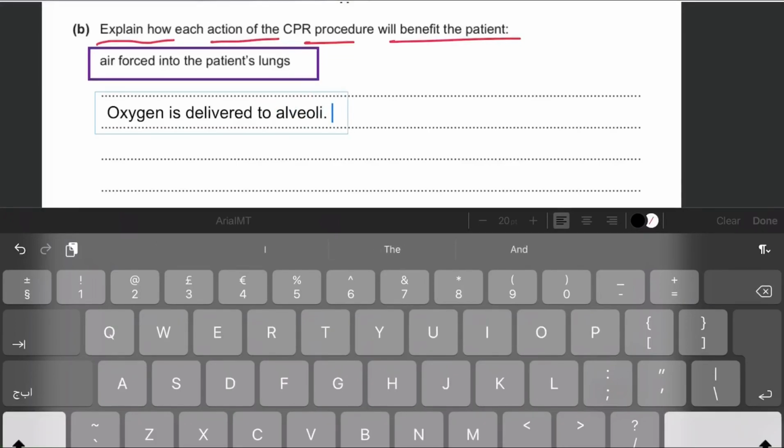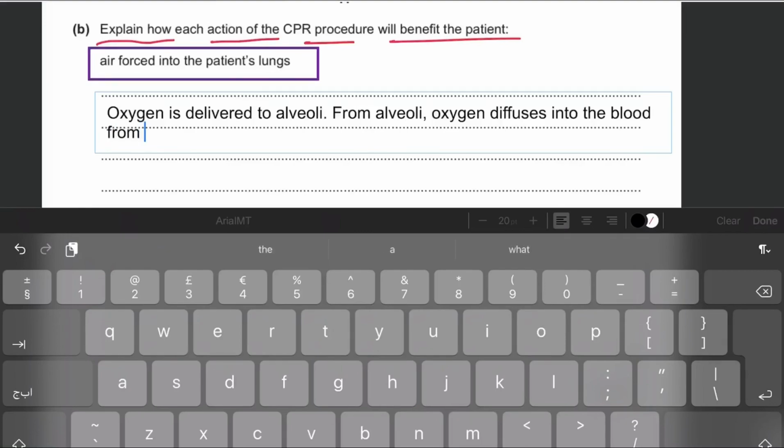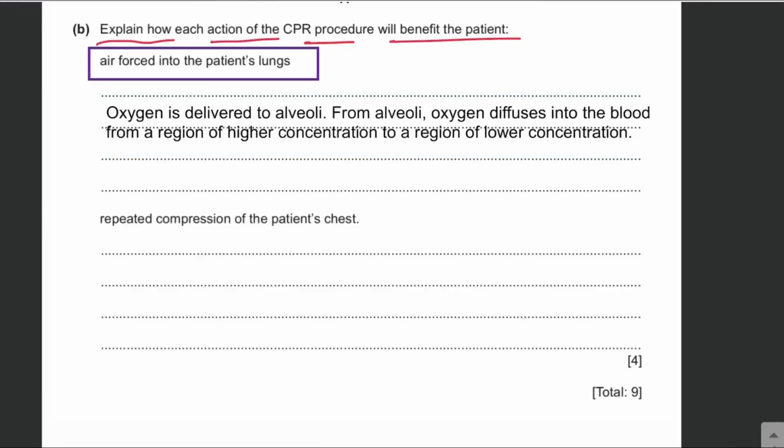From alveoli, oxygen diffuses into the blood from a region of higher concentration to a region of lower concentration, right? We can write this.